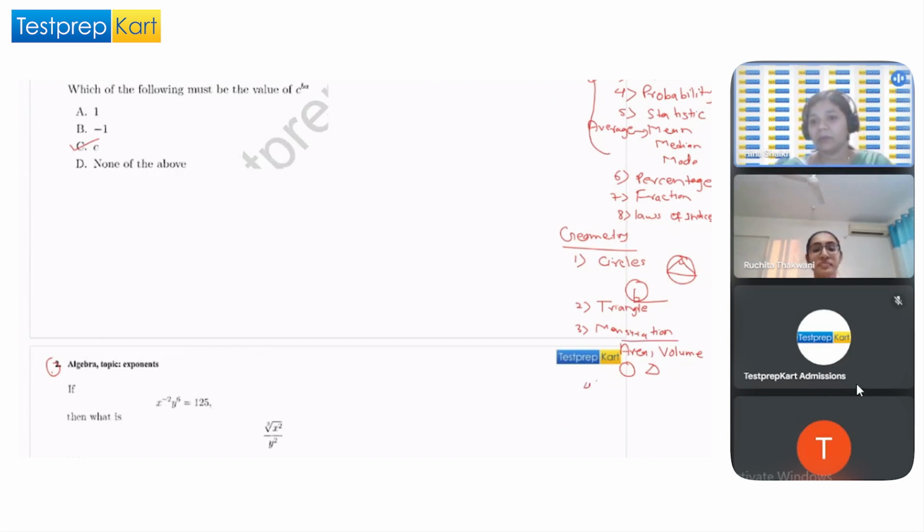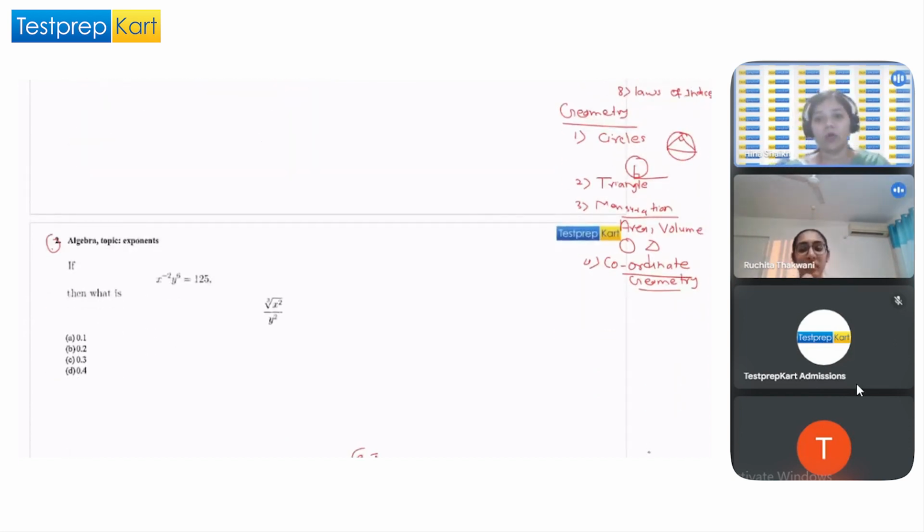Next, the most important one in geometry is coordinate geometry. Do you remember what it is? Distance and slope. You know what slope is? The formula is rise upon run.